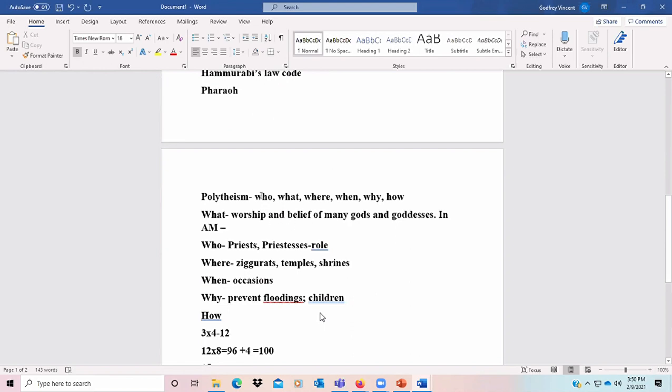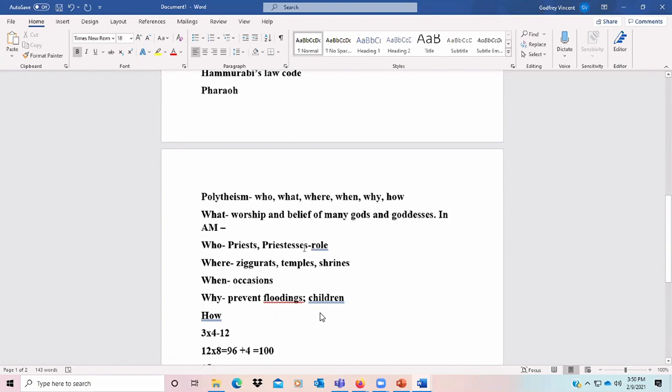Because remember, when you write your definitions, when I read your whole definition, I'm looking for who, what, where, when, why, and how. So what is polytheism? Who practiced it? Who were the principal actors?